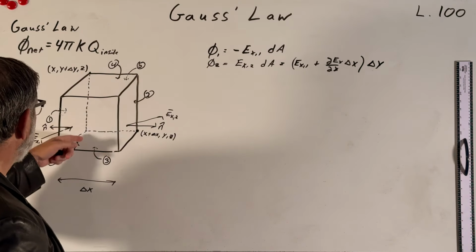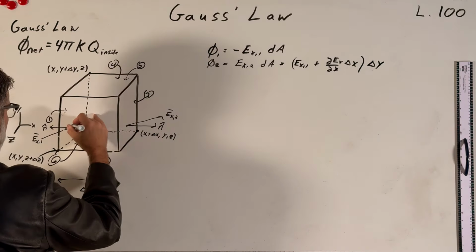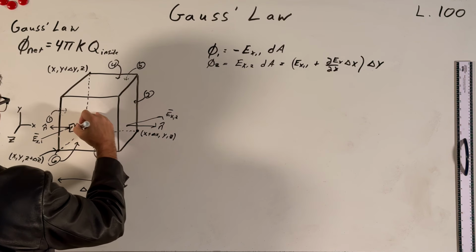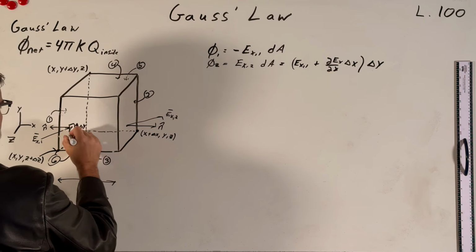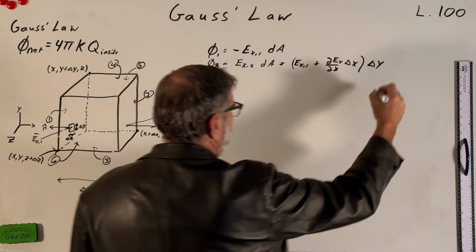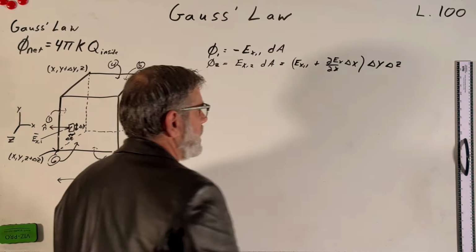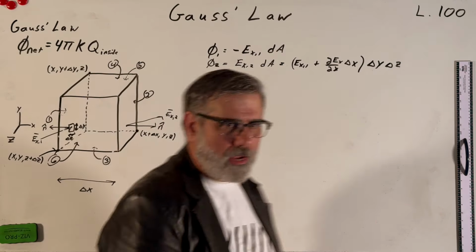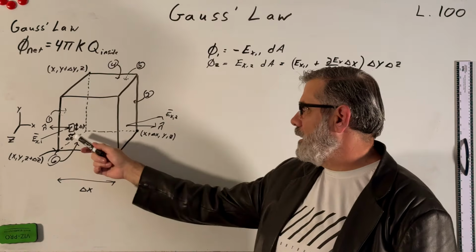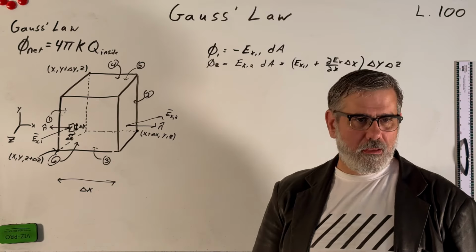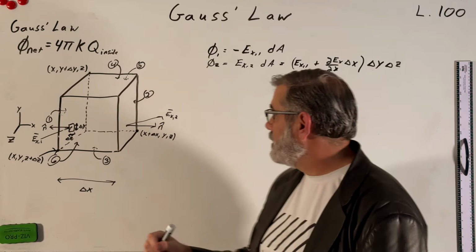Well, if I drew the little element here, you can see that this part here is a delta y, and this part here in this direction is a delta z. You see? So delta y, delta z. Does that make sense? It's a little complicated because we have to keep track of all of these different directions, but this little area element is delta y, delta z. That's the size of it.